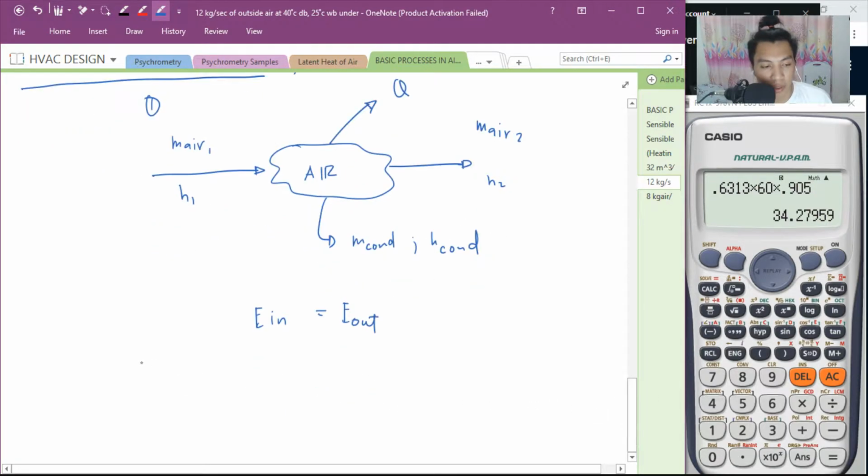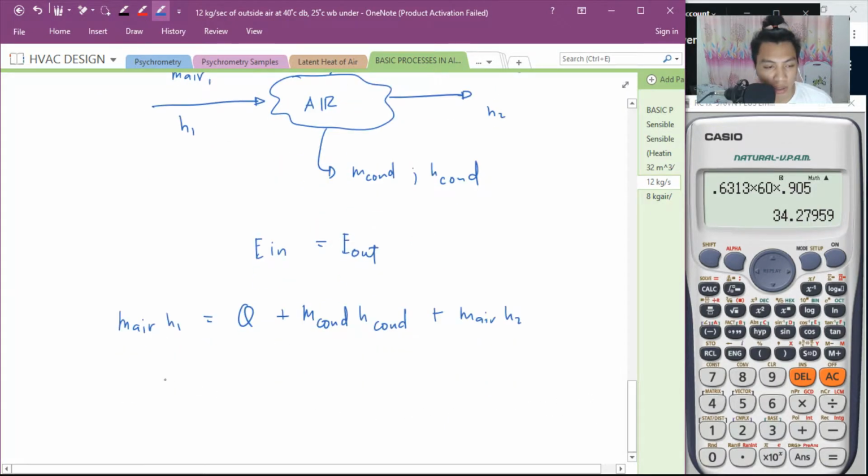Okay. So, pagsamahin natin lahat ng in and out, tatlo yung out, isa yung in. So, mass ni air, H1 equal to Q plus mass ni condensate, H ni condensate plus M ni air, H2. Pagsamahin natin yung mayroong enthalpies.